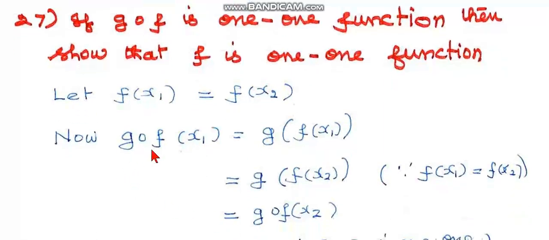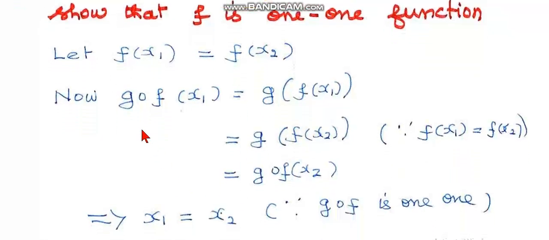So g dot f of x1 equal to g dot f of x2. But g dot f is a 1-1 function, so therefore x1 must be equal to x2.